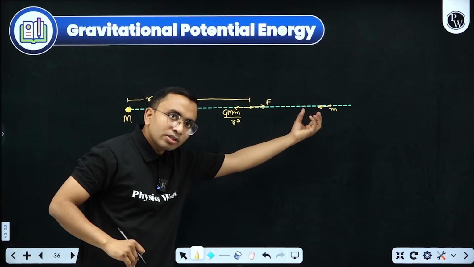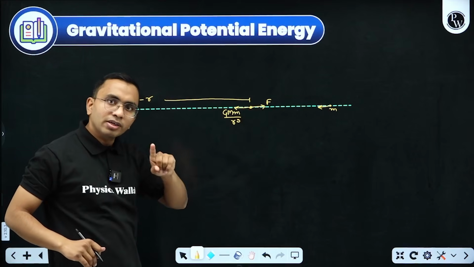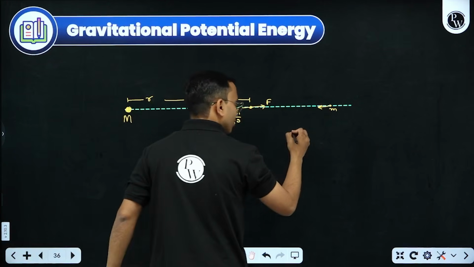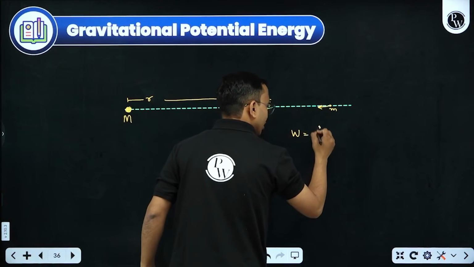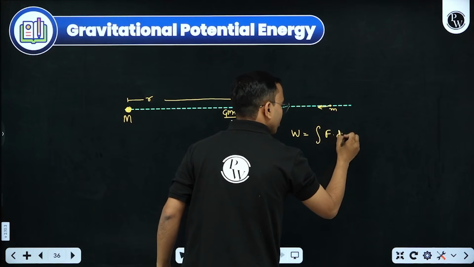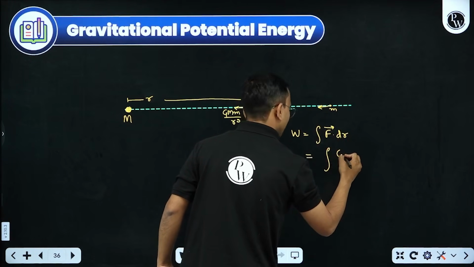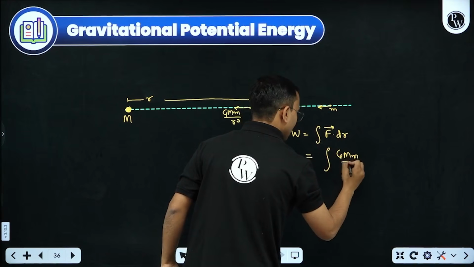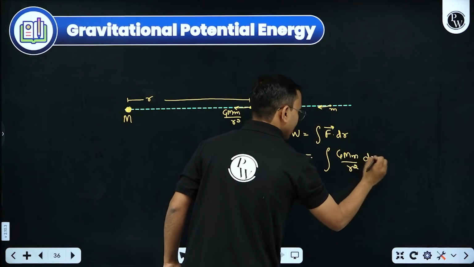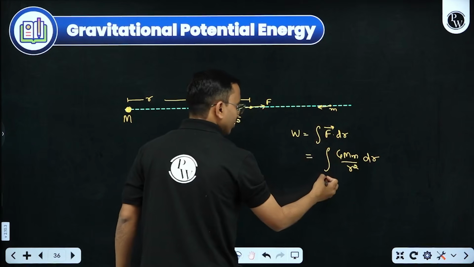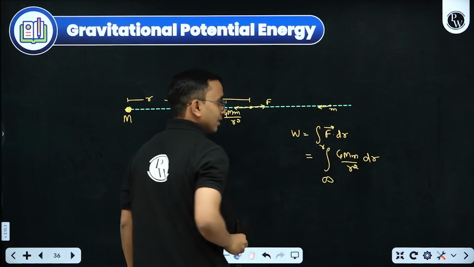I am bringing it slowly. The amount of work I will do, how much is that? Work done will be the integration of F dot dr, that will be the integration of, magnitude is the same, GMm by r square dr, with limits initially infinity, finally let us take it at a distance r.